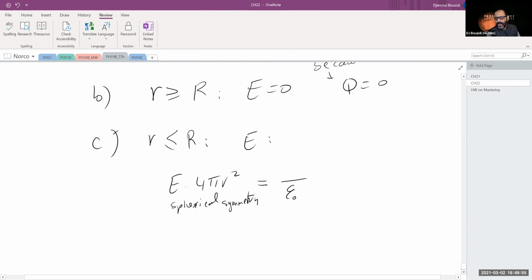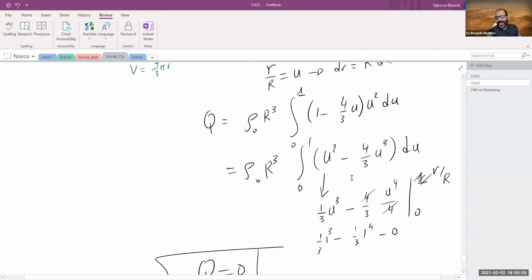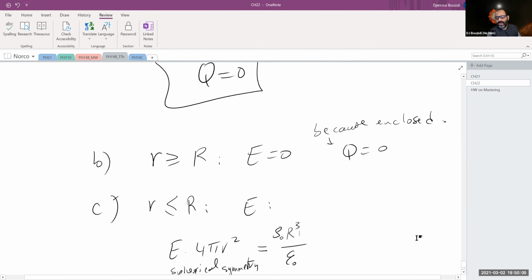So the charge enclosed is going to be rho naught times R cubed, times this one, plugging in the value: open parentheses, r cubed over R cubed, and I have a 3 in here, if you notice, and also r to the power 4 over 3 R to the power 4. And that's the end of it.